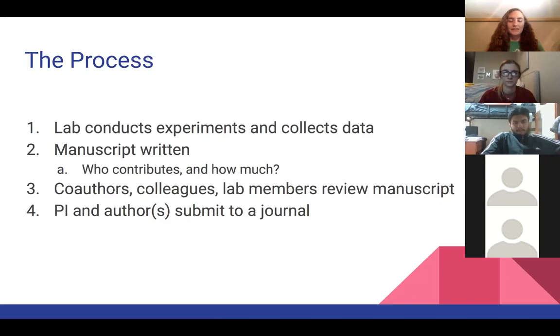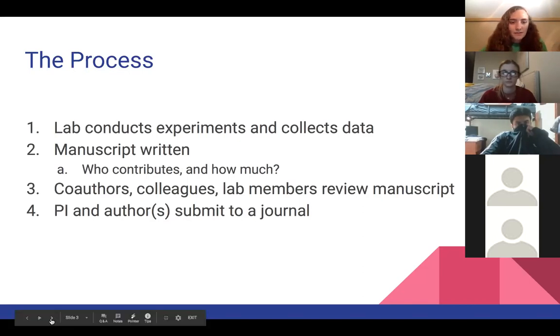It needs to go through proofing, so it can be accepted into the journal the PI or authors are submitting to.